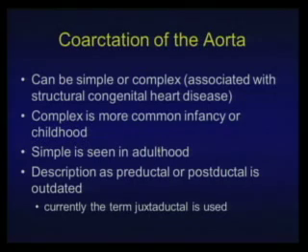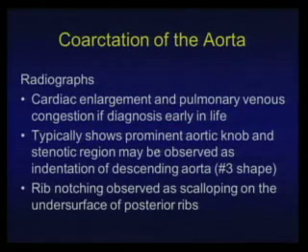Coarctation of the aorta could be simple, that is associated mainly in adulthood, or could be complex, that is associated with the congenital heart disease and is seen mainly in infancy and childhood. In the past, we used the terms postductal and preductal coarctation. Right now, we are using just the term ductal to describe this coarctation.